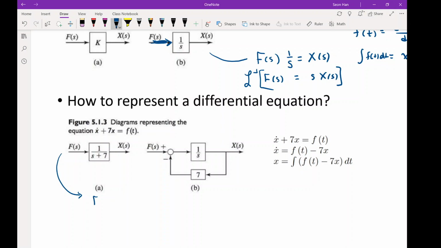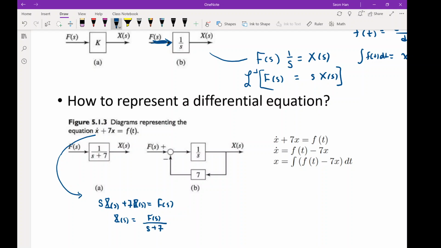Take a Laplace transform. You have s times capital X of s plus 7 times x of s equals f of s. Then x of s equals f of s times 1 over s plus 7.